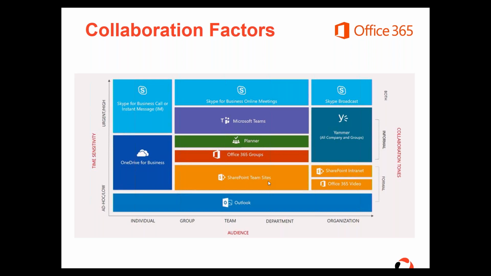So they're just some of the factors for you to think about when you're choosing applications. So, and trying to decide, should I use Yammer or should I use Teams or should I use SharePoint? Then this can help you determine the right tool for the right purpose for your organization.